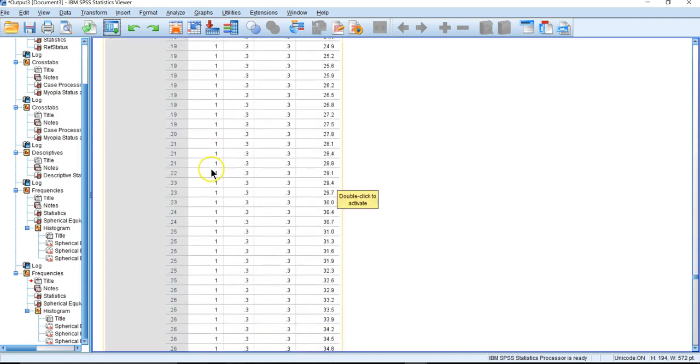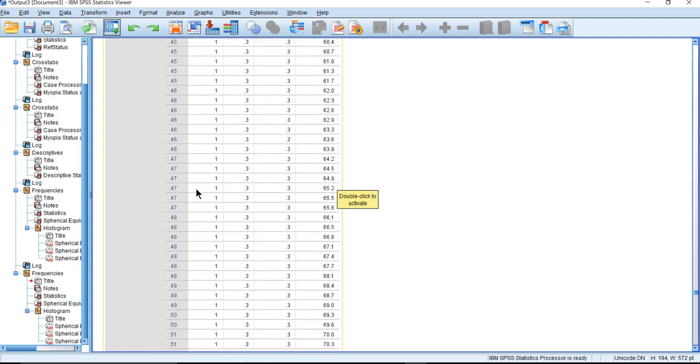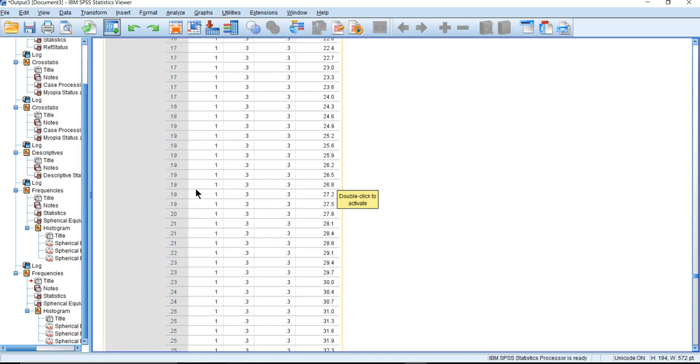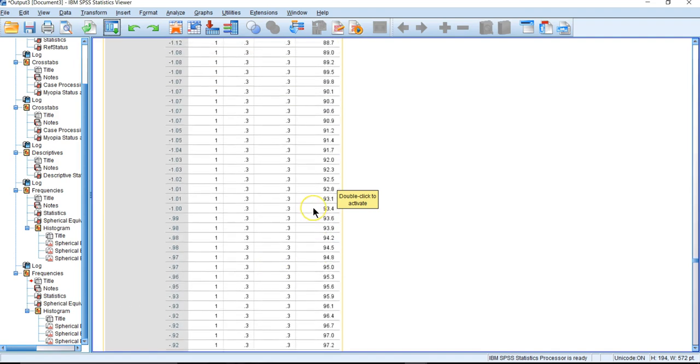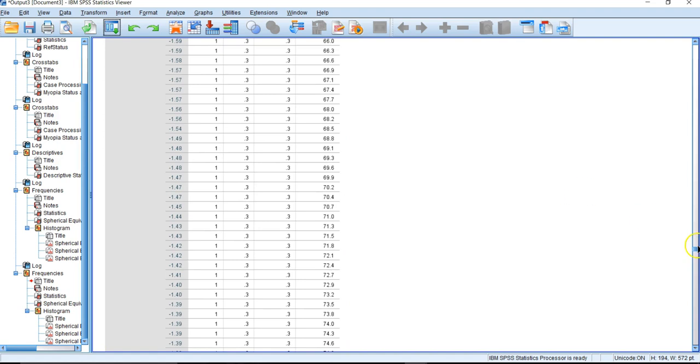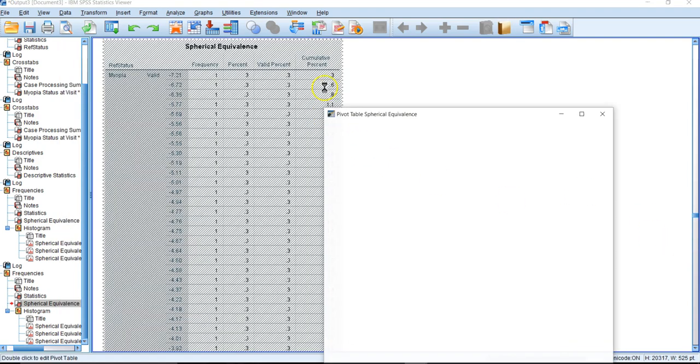If we come to the bottom of this thing, which seems to go on forever and ever. Maybe I didn't have any missing data. That's odd. Must not have any missing data. If there's data missing, then this percentage would be based on the total. And then the right-hand column is the cumulative percentage.